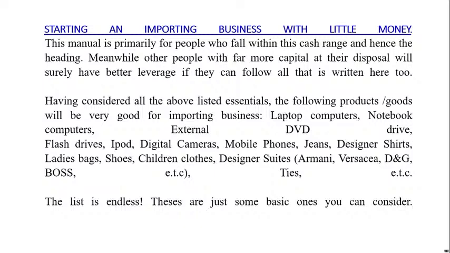Mostly everyone needs memory cards, and memory cards are sold as cheap as 500 naira or 1000 naira if I convert it to Nigerian currency. The same memory card is being sold for 16,000, 8,000, 10,000 right here in Nigeria. The same thing applies to you in Ghana, to you in Cameroon, and the other African countries. So you can see that these items, even phones, jeans, designer shirts, designer bags, and so many others.